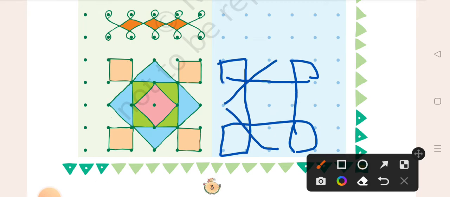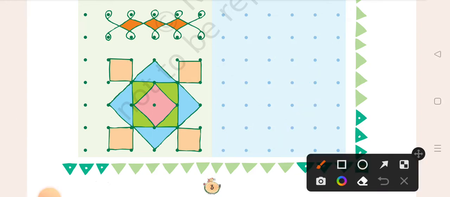This pattern is the same as what we see here. The pattern, the next page.